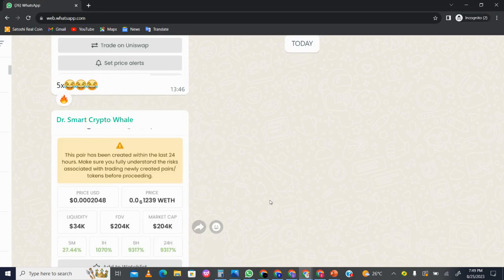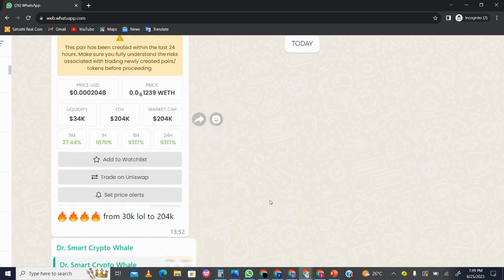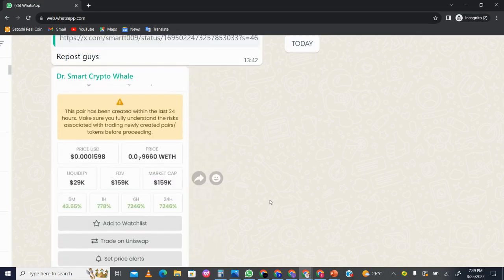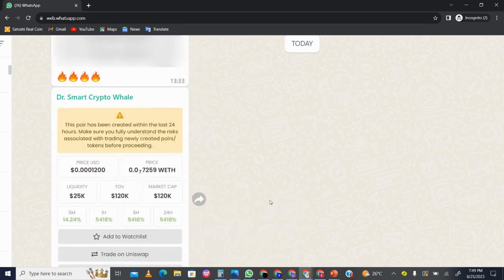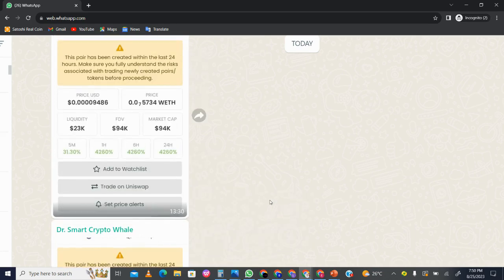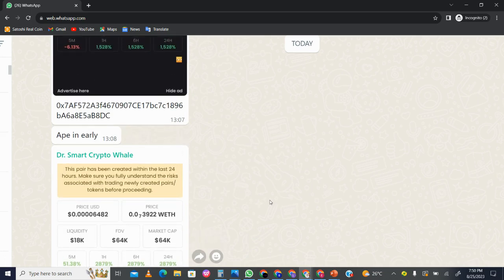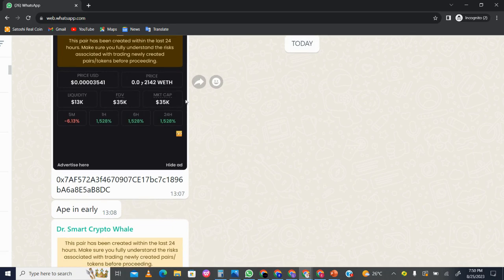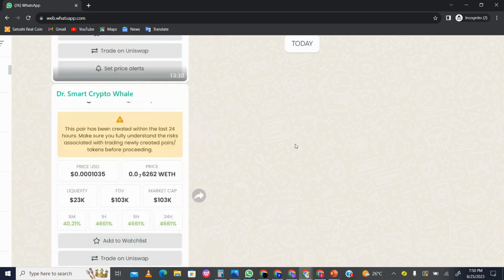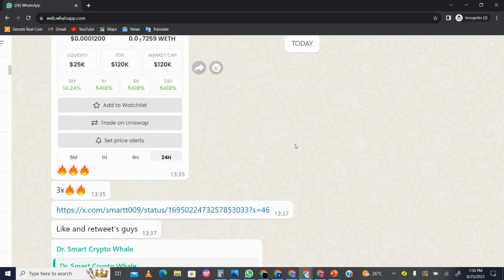Like this coin here, it was launched today at around 1 p.m. East African time, and its price was 0.000035.